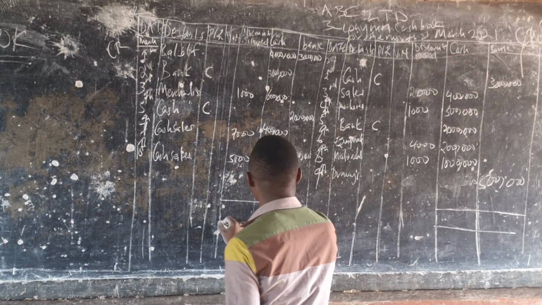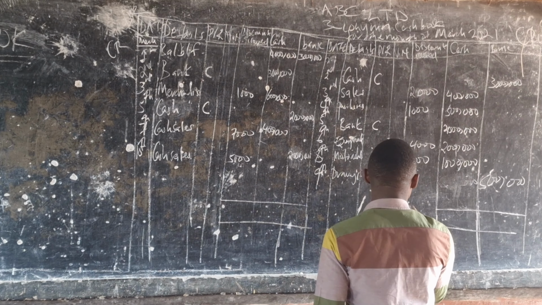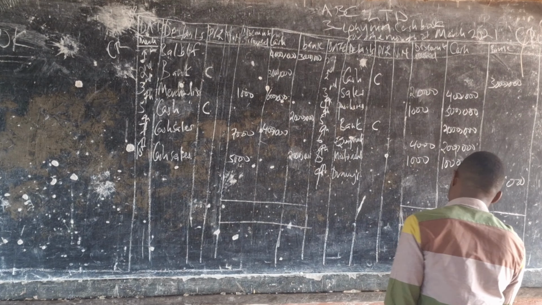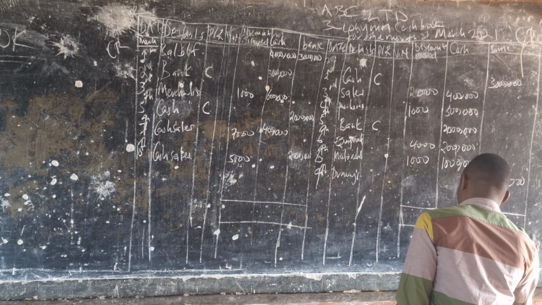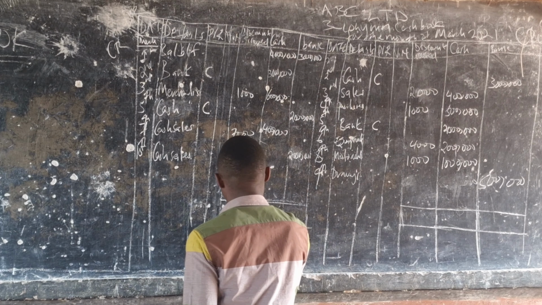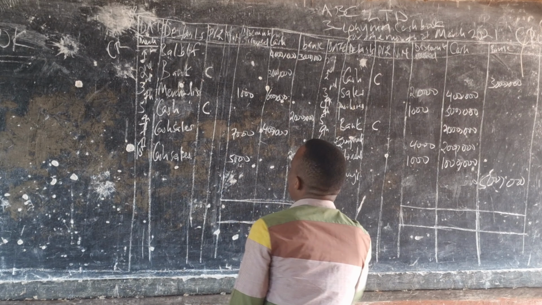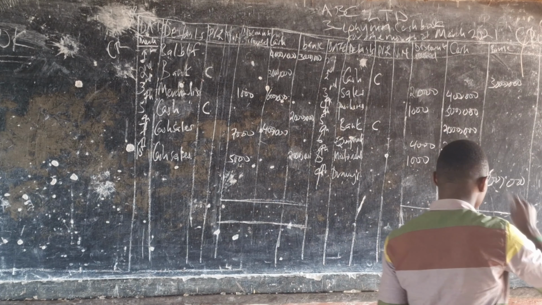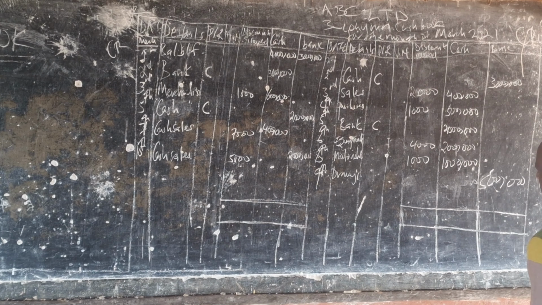Remember here, we are also balancing off from the discount to the cash and bank. We are balancing it off from the discount allowed to the bank, and also from the discount received to the bank.